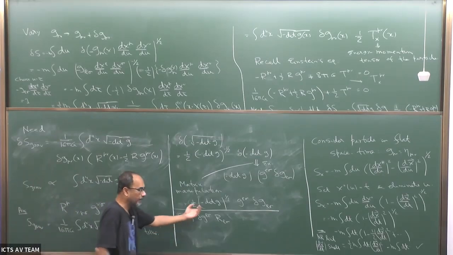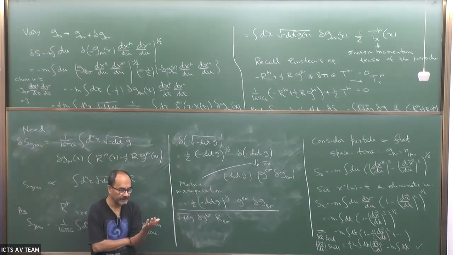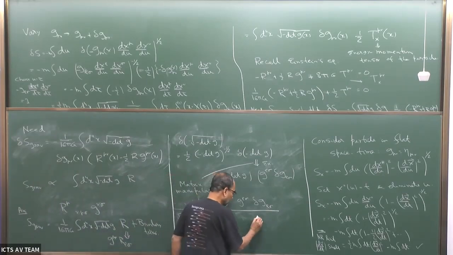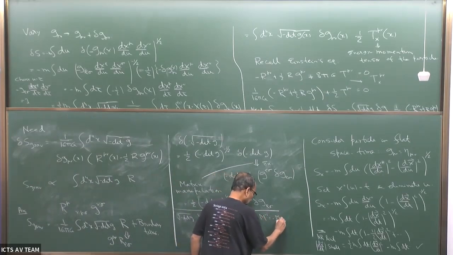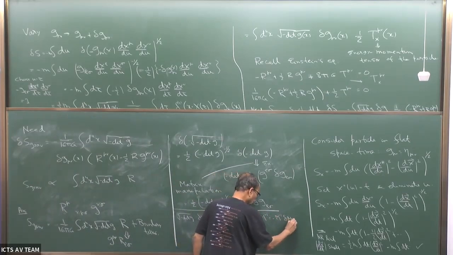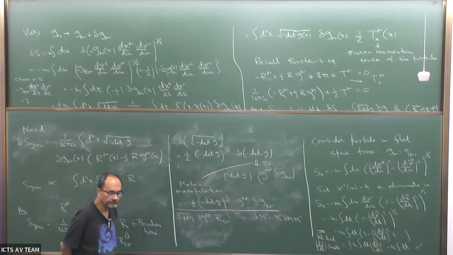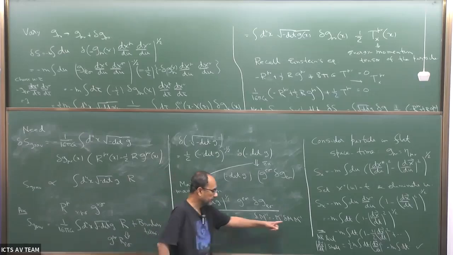So g upper rho sigma is just the rho sigma component of the inverse matrix, and we use the identity that the delta of M inverse is minus M inverse delta M inverse.